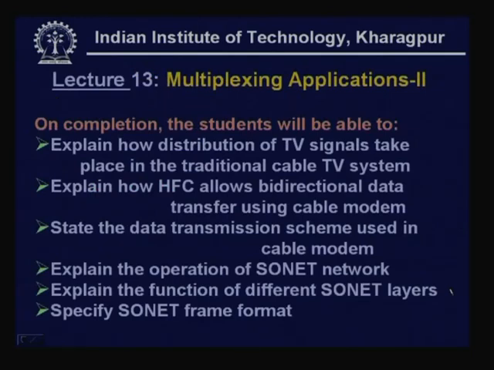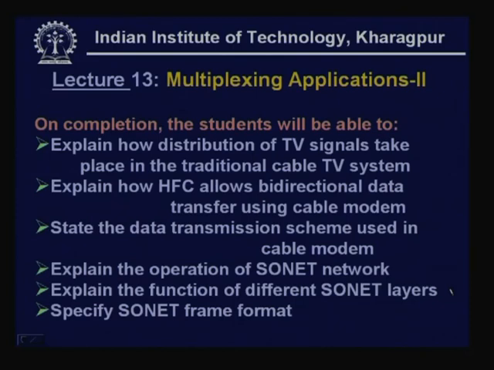On completion of this lecture, the students will be able to explain how distribution of TV signals takes place in the traditional cable TV system. They will be able to explain how HFC, the hybrid fiber coaxial cable network, allows bidirectional data transfer using cable modem.